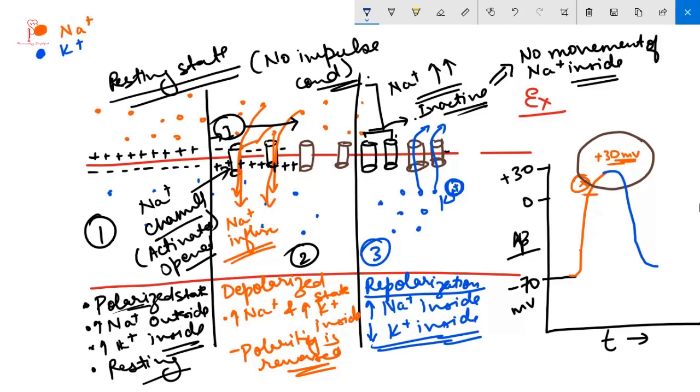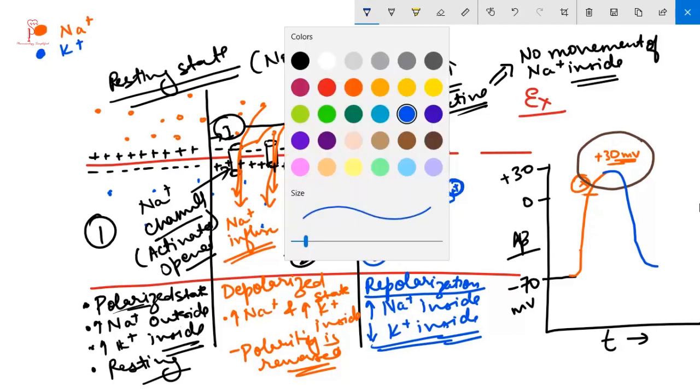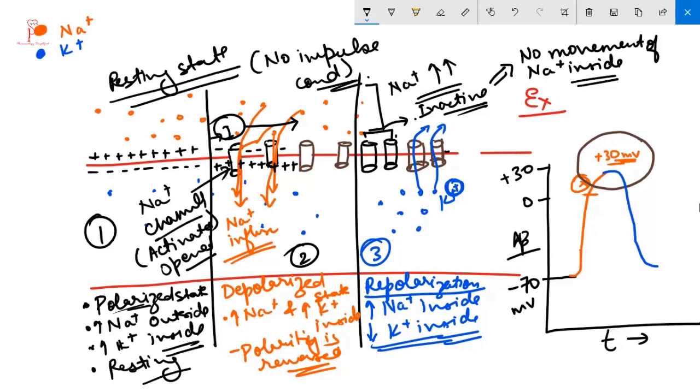of repolarization. This sodium is inside the cell, but if the neuron is supposed to conduct again, or has to transmit the impulse again, what does it have to do? It has to regain the resting stage, right?